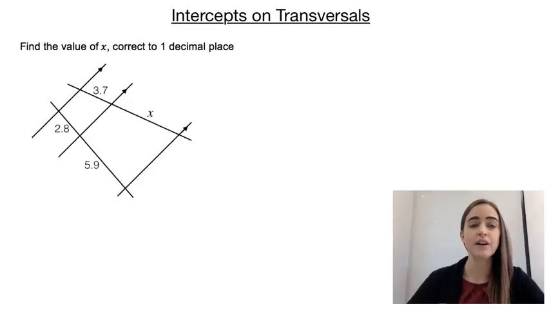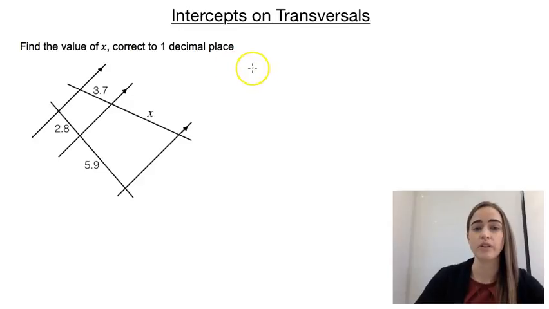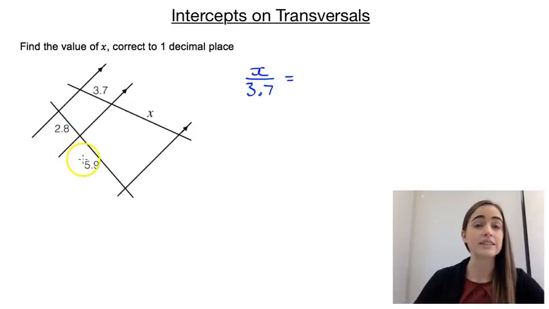Our last example asks us to find the value of x correct to one decimal place. So we've got our three parallel lines running up here, and we've got our two transversals. We know they're going to be in the same ratio. So we're going to start with x on the top of our fraction because it makes it a little bit nicer. So we're going to have x over 3.7 is equal to, and we need to make sure we do the other ones in the same order.